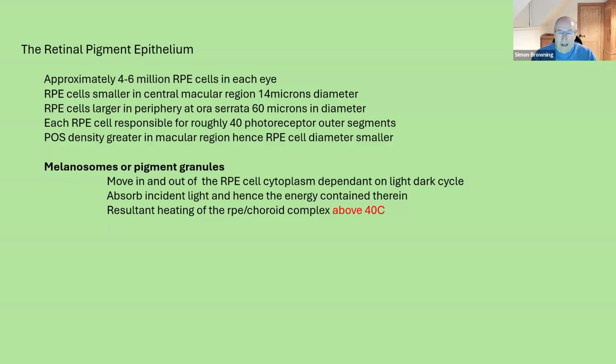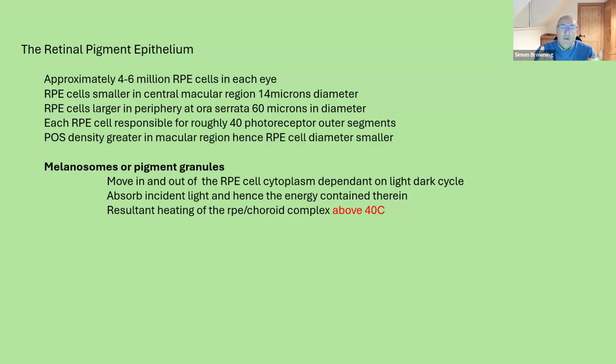And you can see just what an alien environment this retinal pigment epithelium has to work in, because that RPE choroid complex heats up to over 40 degrees centigrade and it functions throughout its life at about 40 degrees centigrade. Now, if the rest of your body was functioning at 40 degrees centigrade, quite simply, it wouldn't be functioning. You'd be dead. So this is, again, a very alien environment.